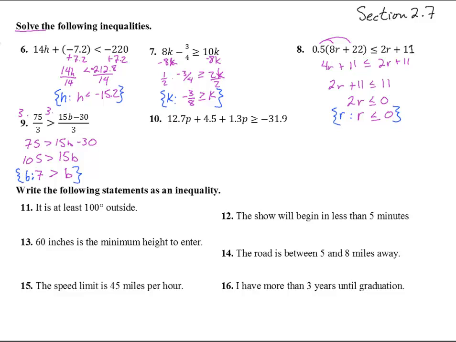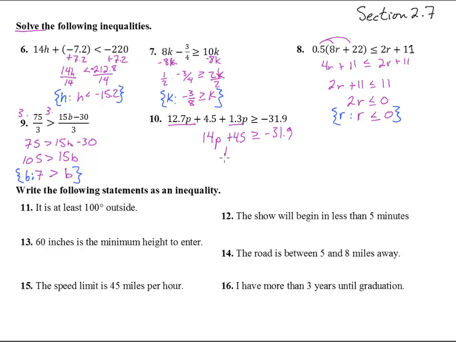And number 10. Ooh, we don't have any fractions, but we can combine these two together, that guy and that guy can go together and cause it to be 14p on this side plus 4.5 is greater than or equal to negative 31.9.